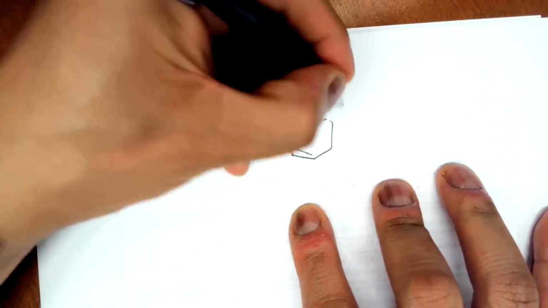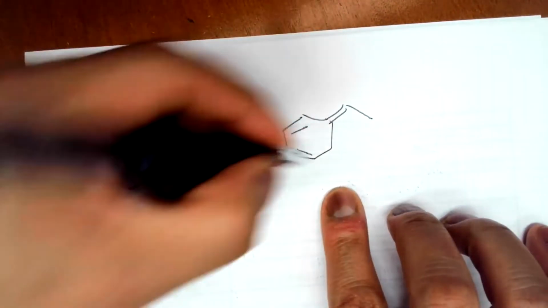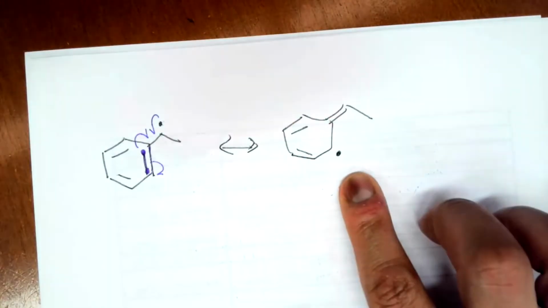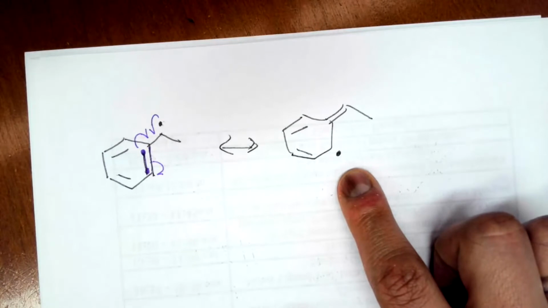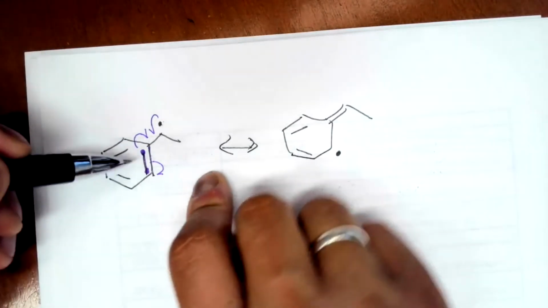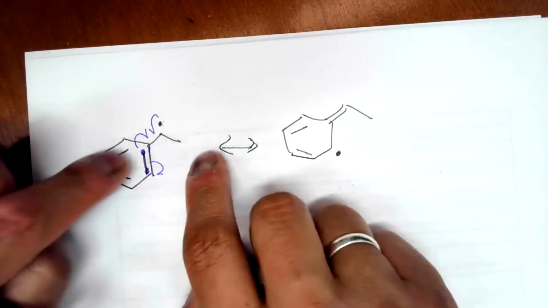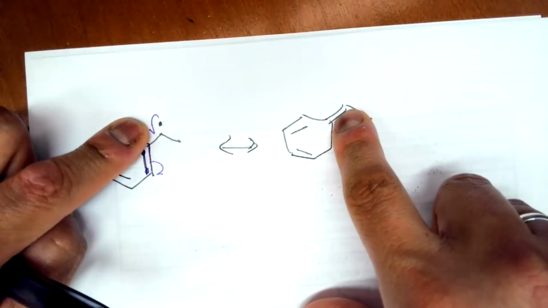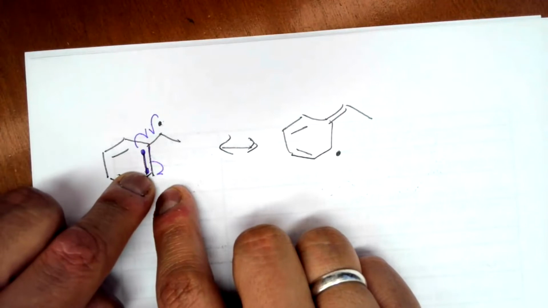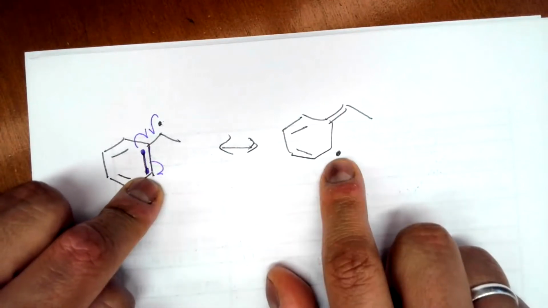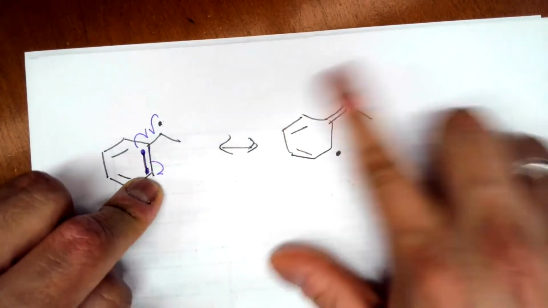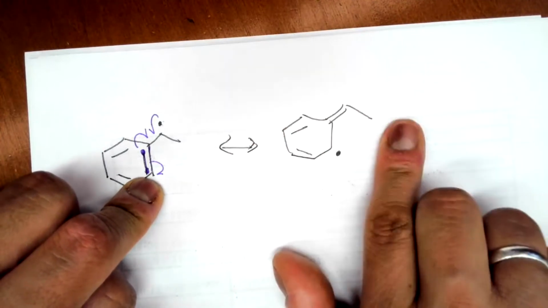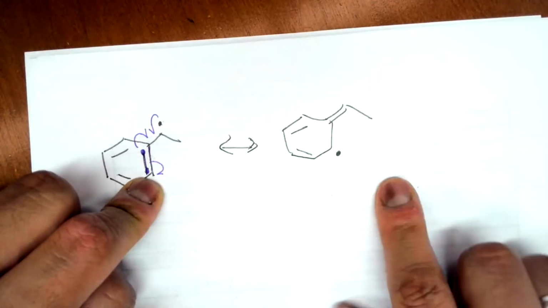Now this is a double bond, and this one now becomes a radical. You see, this pi bond breaks into two. One goes with the initial original radical, forming a double bond, and the second one that got broken sits on the carbon as a radical. No charges. The only driving force is the unpaired electron.